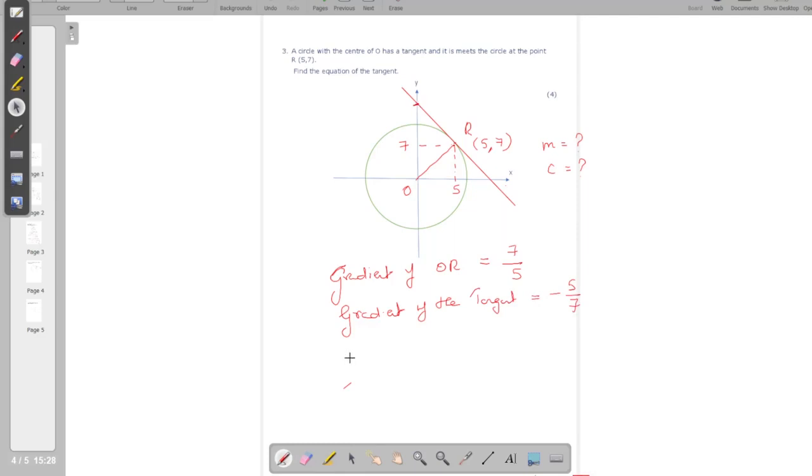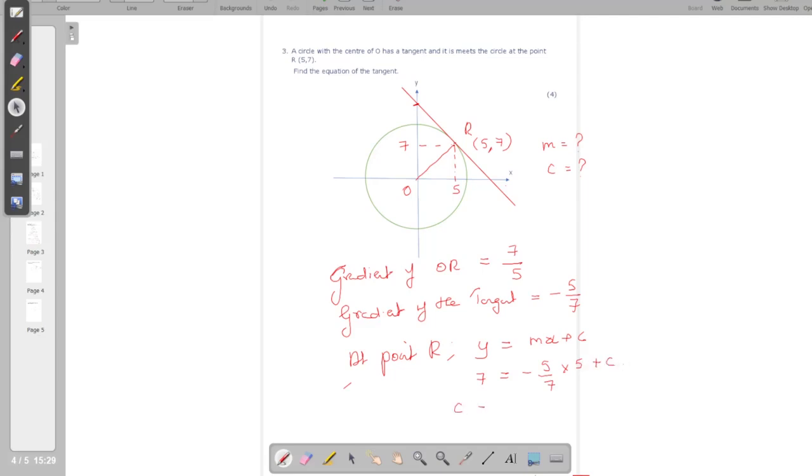So now we can use that to find the y-intercept. So at point R, we are going to use y is equal to mx plus c. y is 7, m is minus 5 over 7, x is 5, plus c.